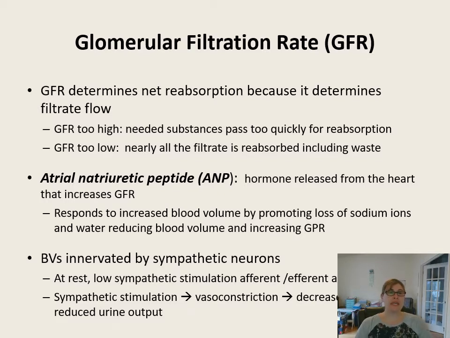If we have an increased blood volume, that means that we have to spill some fluid in our urine. So ANP is released from the heart, and it's going to increase the GFR. It's going to make us eliminate more fluid. If we lose sodium and water follows sodium, then we're going to reduce the volume of blood.